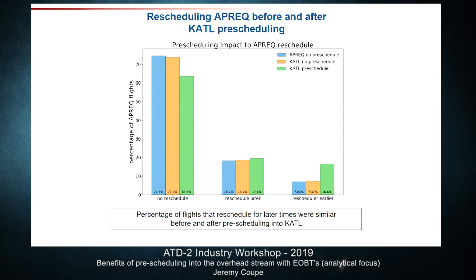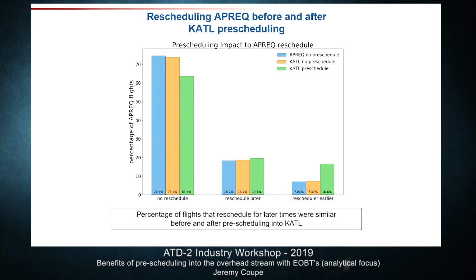And what we see here is that after pre-scheduling, the percentages that reschedule for later times are essentially the same. We go from 18.7% to 19.6%. So less than 1 percentage point difference in the number of aircraft that reschedule for later times. So we find that very encouraging.